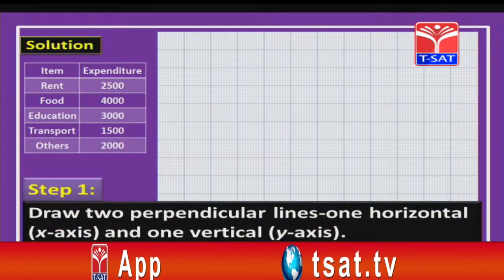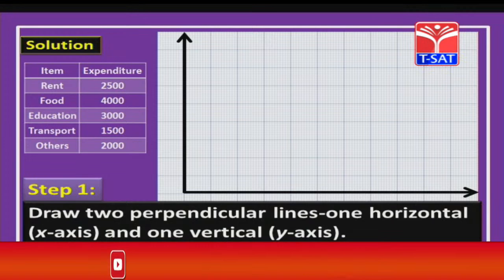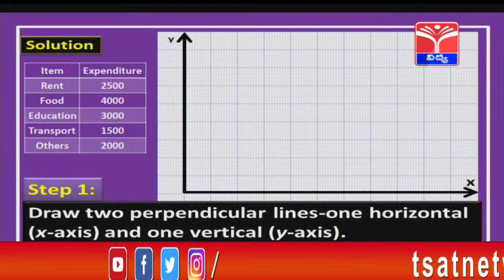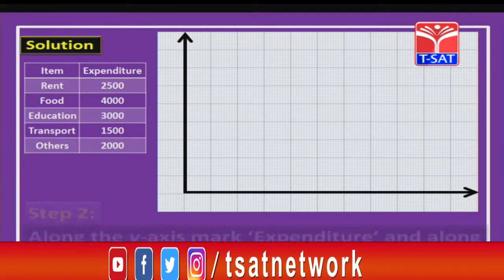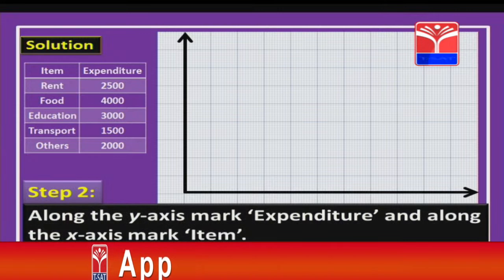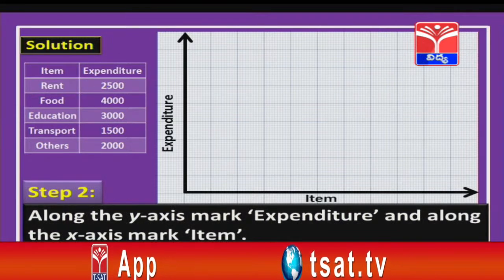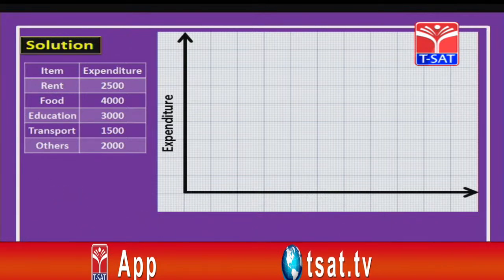First, the horizontal line and the vertical line are perpendicular to each other, and we mark them as x and y axis. Then along the y axis we are going to mark the expenditure, and along the x axis we will mark the item. And in the third step, what are we going to do?